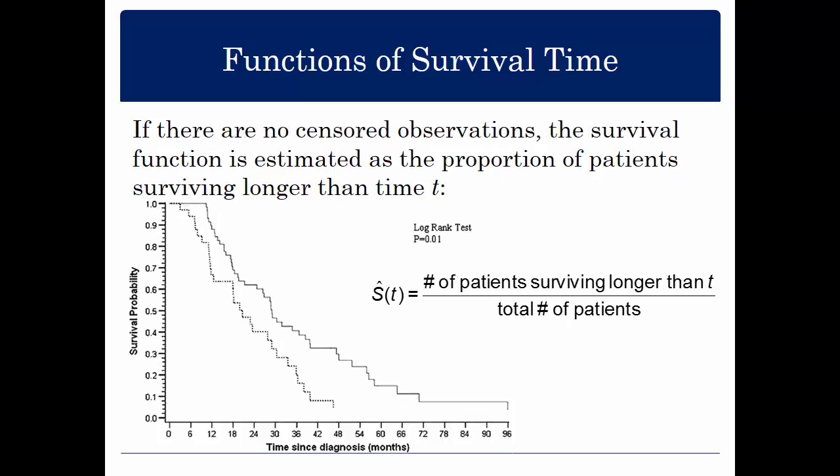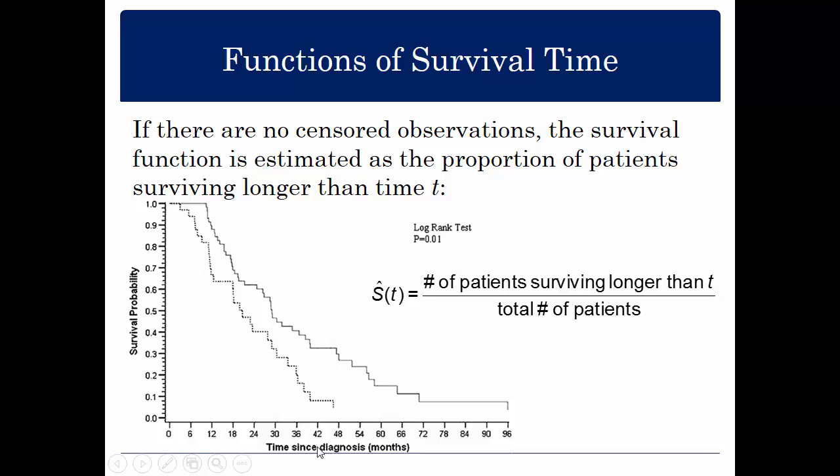Here's an example of a Kaplan-Meier curve. Again, the vertical height of this function represents the probability that a subject in this group will survive to the time that corresponds to the location on the x-axis.